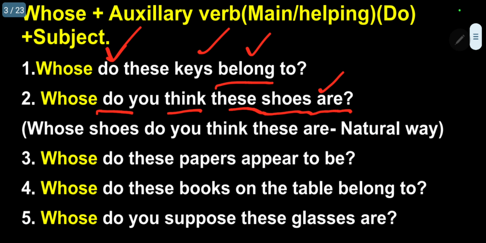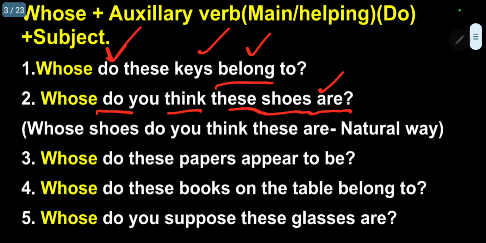Normally, the natural way is to add your subject after whose, and then use the auxiliary, which is grammatically more convenient. So, an example: whose shoes do you think these are?